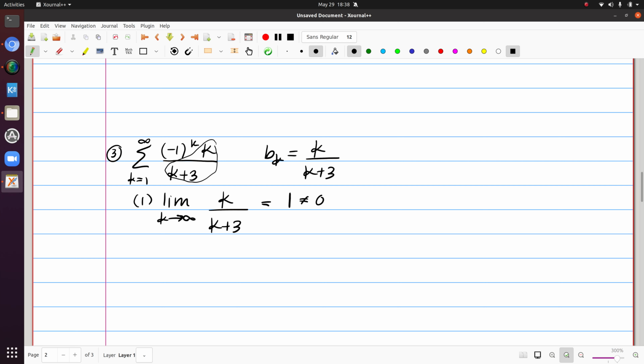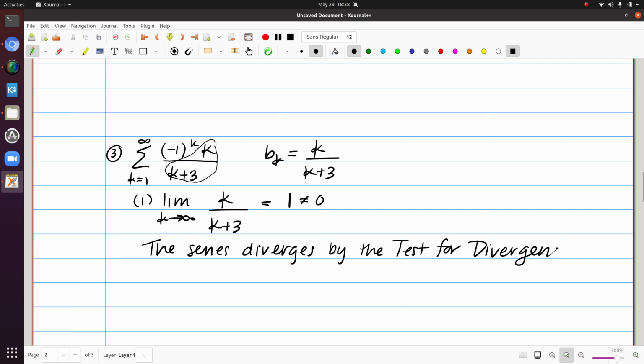So if this condition ever fails when you're trying to use the alternating series test, you can say that the series diverges, but the reason is just not the alternating series test. Instead, you say the series diverges by the test for divergence. And so that's a subtle but important point about this theorem when you can show that the limit of the terms does not go to 0. So be a little bit careful with that.